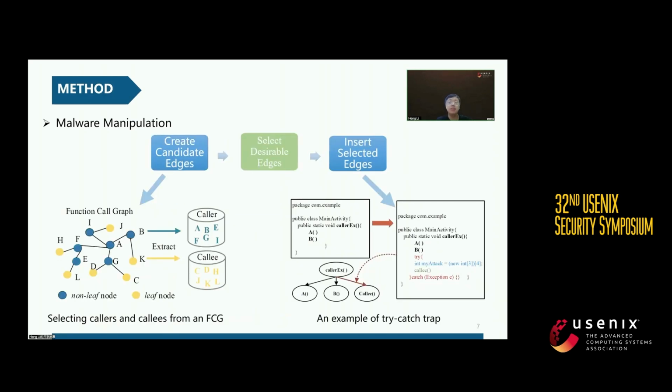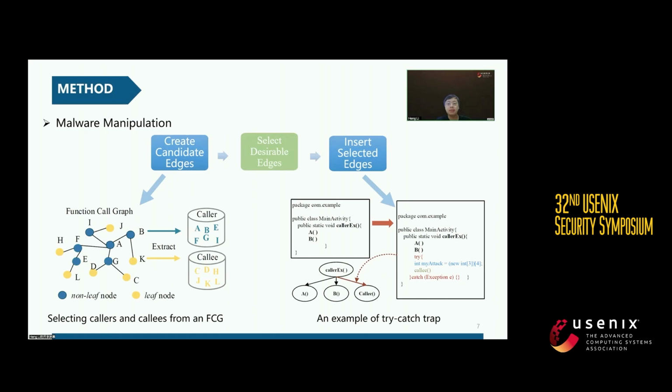First, we introduce how to create the candidate edges. An FCG consists of non-leaf nodes and leaf nodes, as shown in the left figure. The non-leaf nodes are mainly user-defined functions, and the leaf nodes mainly correspond to Android standard functions.